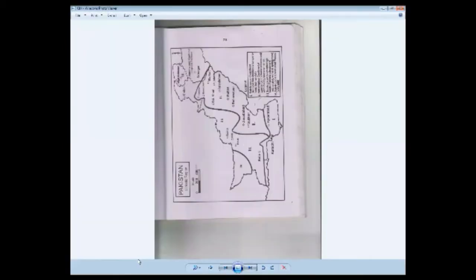See, there is the Asian continent and there are a lot of countries in this. Okay, now start searching. There are many countries like China, India, Pakistan, and many others.